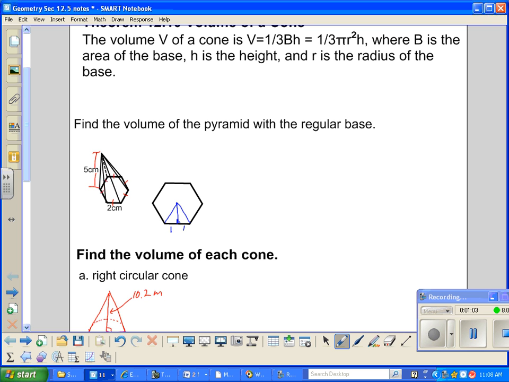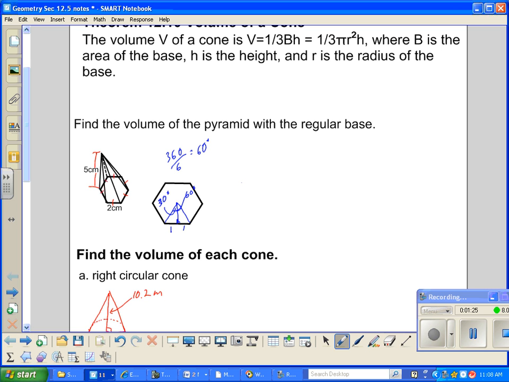And to find the central angle there, we take 360 divided by 6, which is going to give us 60 degrees for the total angle there. But we only want half of that angle, so one side of that's going to be 30 degrees.